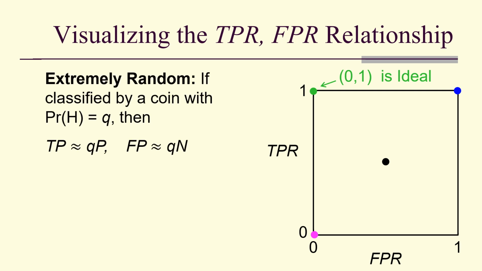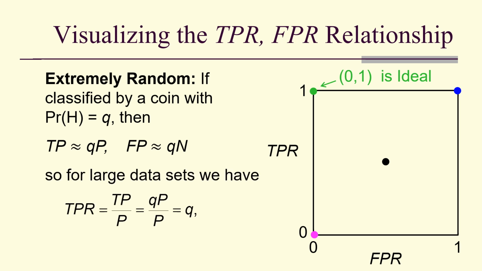Now let's suppose we had an extremely random classifier. So this means we have a coin and we have a probability of heads of q. Then the true positives are q of the positives and the false positives are q of the negatives. So using very large data sets, the true positive rate is q and the false positive rate is q.